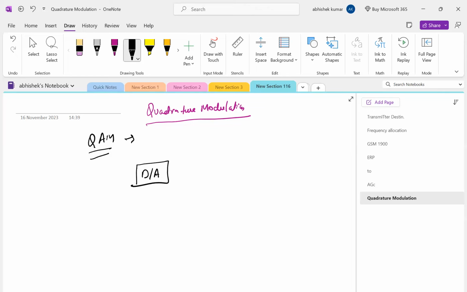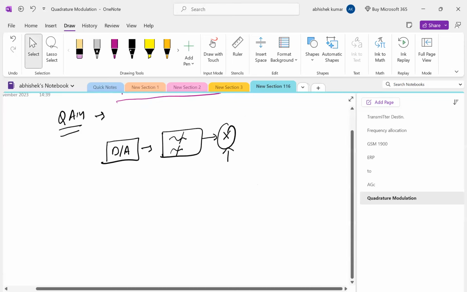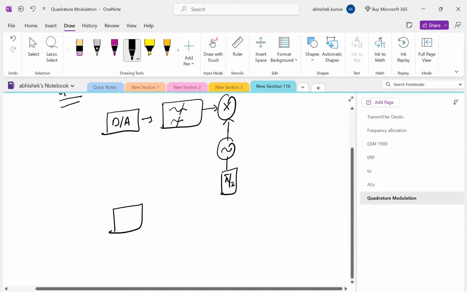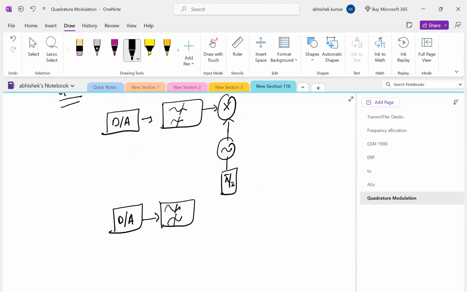This is the digital to analog converter. Here it will be a filter or amplifier. Here it will have the in phase component. So what is happening?